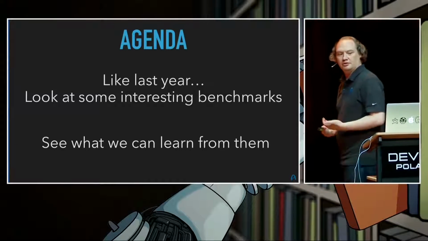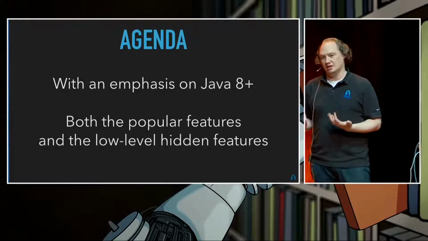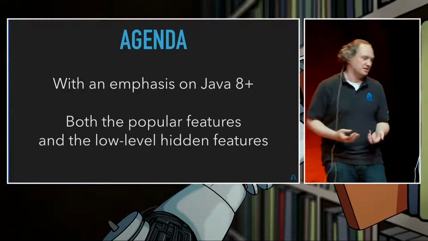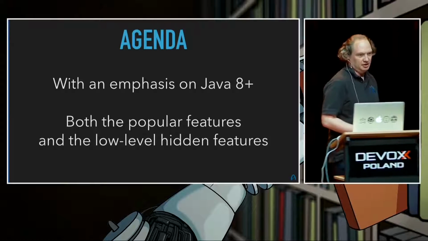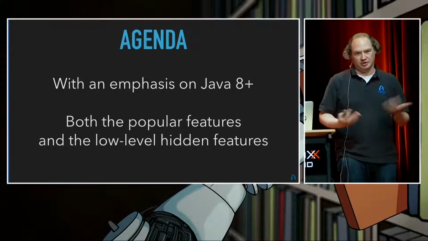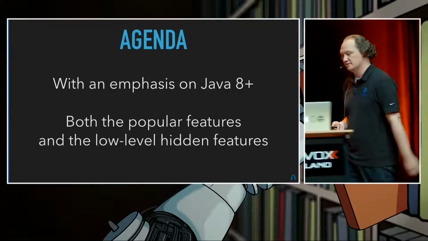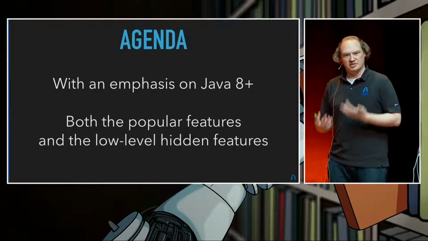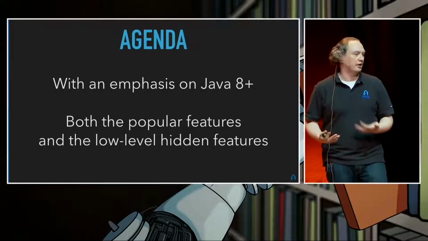But I'm going to focus on stuff that was added in Java 8, Java 9, and actually a little bit of Java 7. Some of these things are pretty low level, and some of them are very popular, like streams and lambdas. We're just going to see what their performance impact is, but more importantly, see what we can learn about thinking about performance.